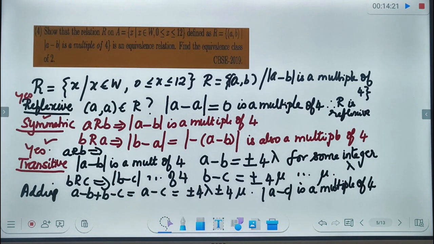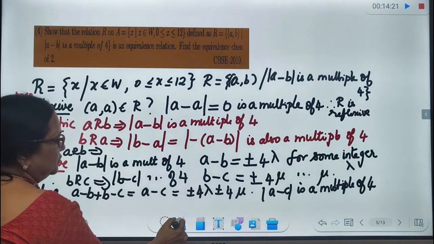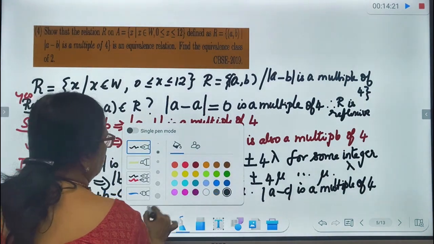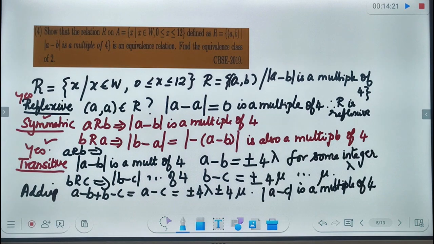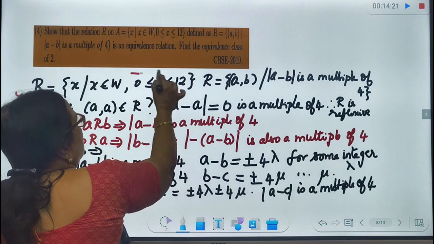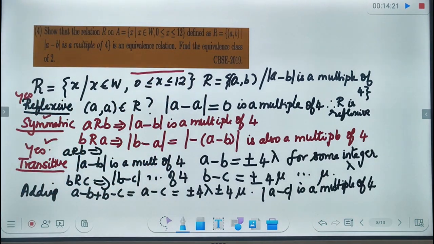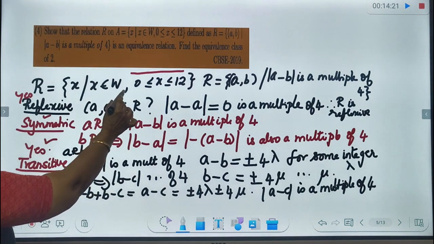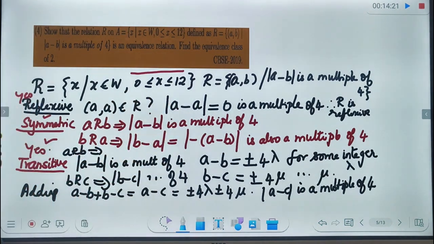Find the equivalence class of 2. Equivalence class of 2 means what are the numbers among this which are related to 2? So among the numbers 0 to 12, what is the equivalence class of 2? What are the elements B which are related to A?